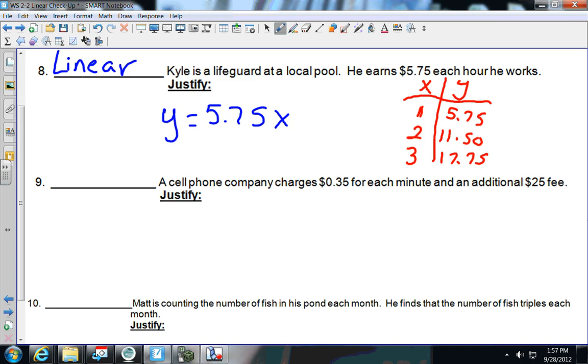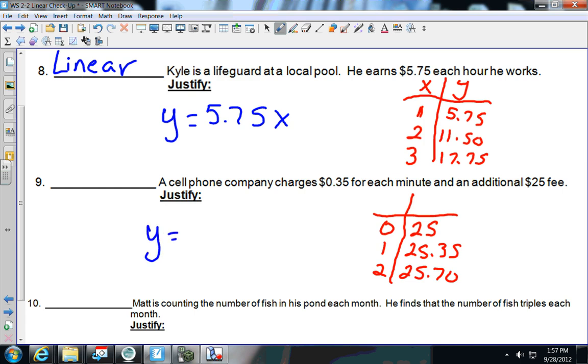We could draw a table: at the beginning, they charge 25. 1 minute, it's 25.35. 2 minutes, 25.70. You can go through and try to find your equation that way. Or you can see that you have 35 cents times each minute plus 25. You could put that in the calculator. It will show you that it is a straight line. So it is linear.